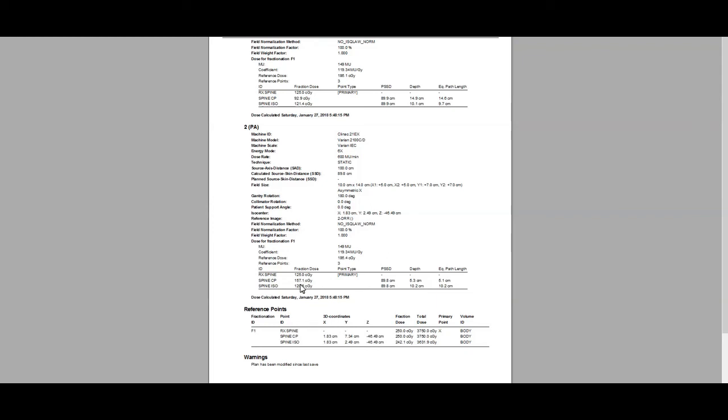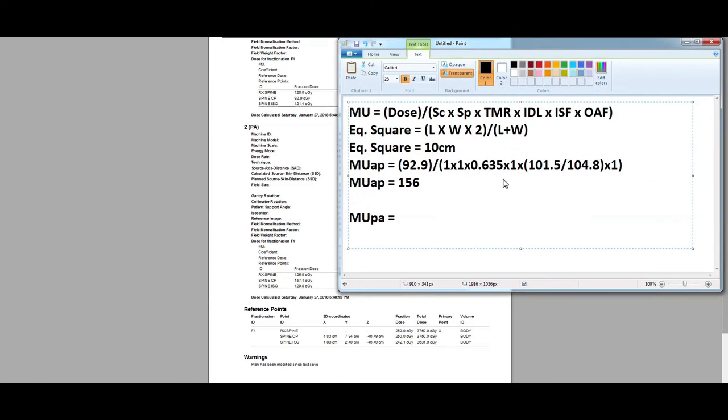Conceptually, this makes sense. I have equal monitor units. My calc point is closer to the posterior source than the anterior source. My dose from the posterior should go up based on inverse square alone, let alone attenuation from the tissue maximum ratio. So 157.1 is my dose being delivered from that field.